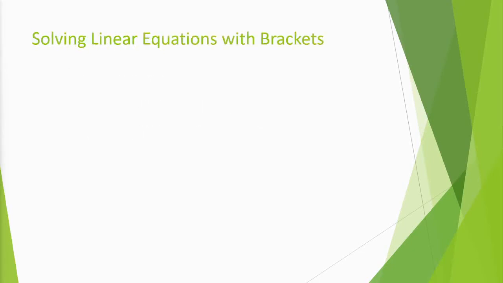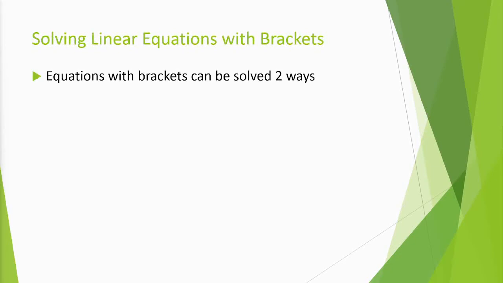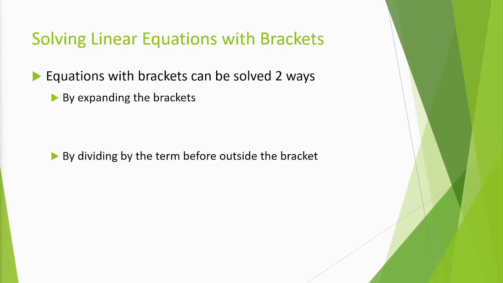So solving linear equations that contain brackets can be done 2 different ways. One way is by expanding the brackets like we just did, and the other way is dividing by the term that is before the brackets. So an example for expanding the brackets is we have the 3 outside of x minus 2, and we expand it out to 3x minus 6.